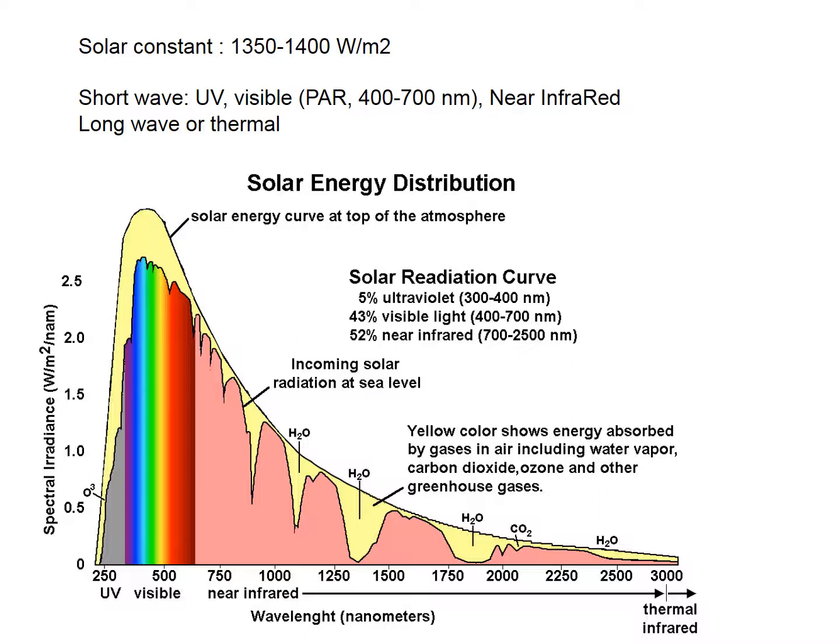The amount of energy reaching the Earth's surface is shown also here, and the difference is that the amount of radiation absorbed, the yellow area, is the amount of radiation absorbed by different atmospheric components, basically water vapor, carbon dioxide, ozone, and other greenhouse gases.